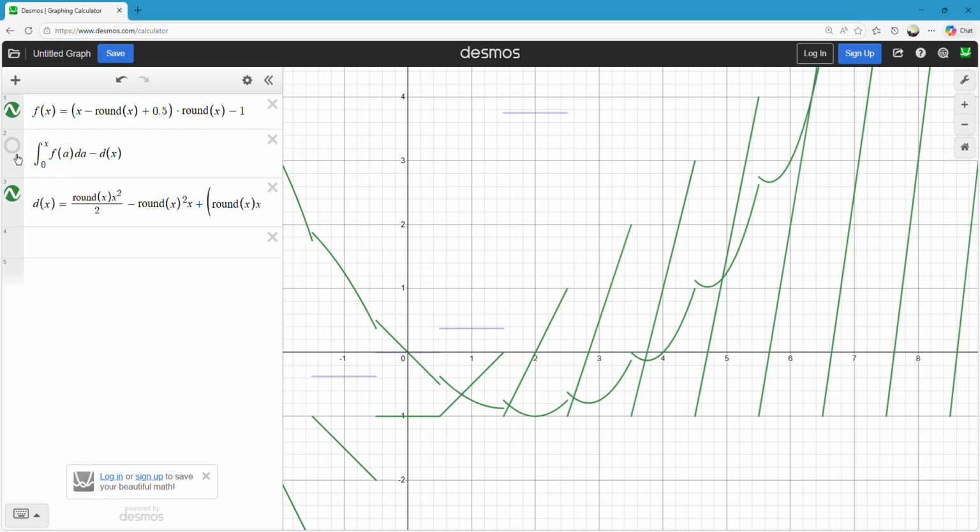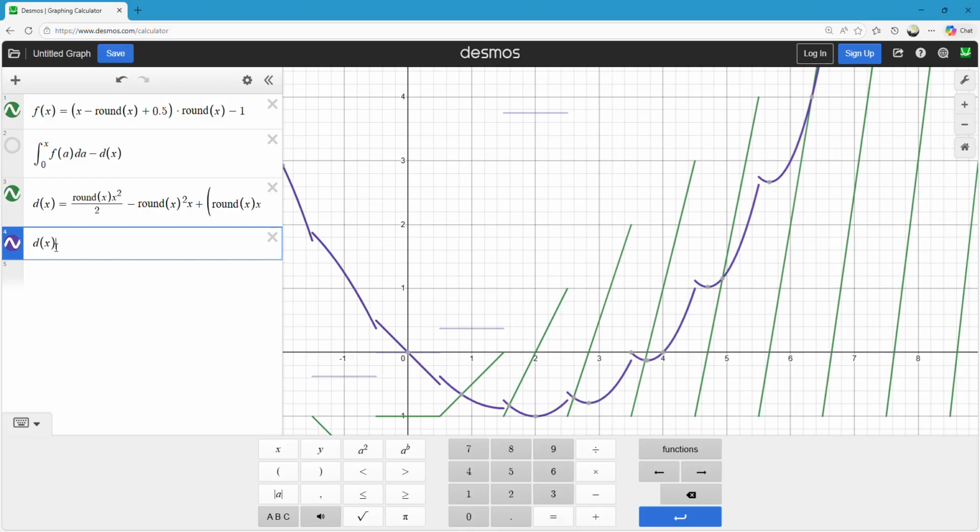Come on. Pretty sure it's not that far off. So one good way of telling if you're on the right path would be to take the derivative, if I could do it.